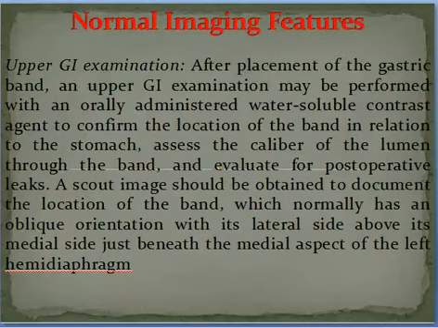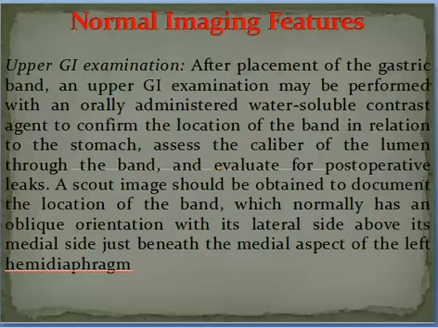Normal imaging features: upper GI examination. After placement of the gastric band, an upper GI examination may be performed with an oral water-soluble contrast to confirm the location of the band in relation to the stomach, assess the caliber of the lumen of the band, and evaluate for post-operative leakage.